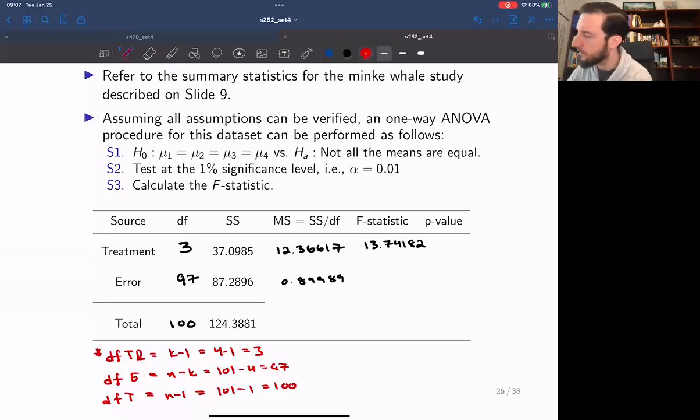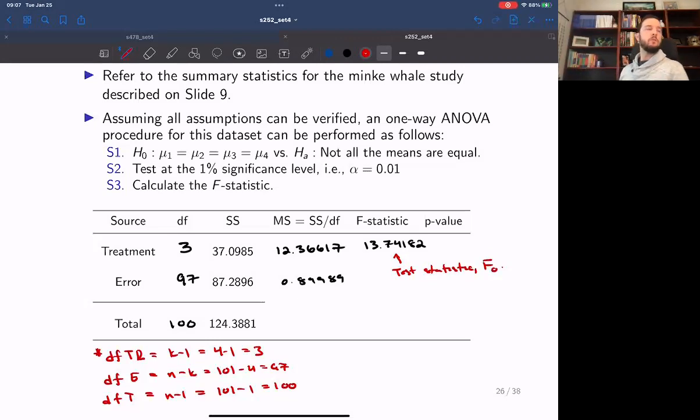And then again, this here is the test statistic, which we can call F0. Any questions?